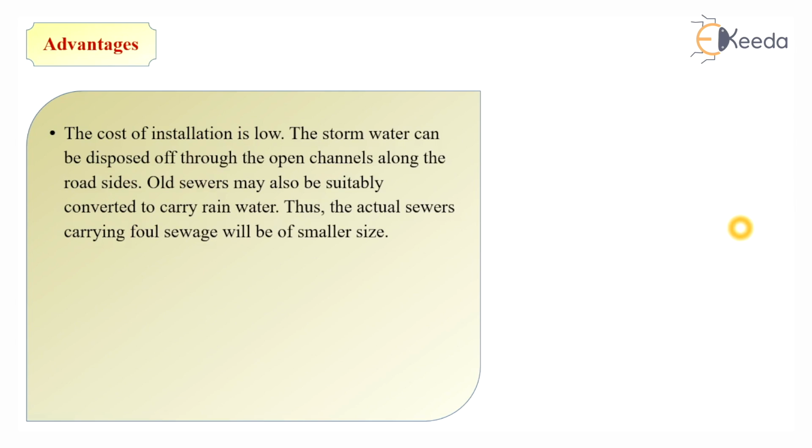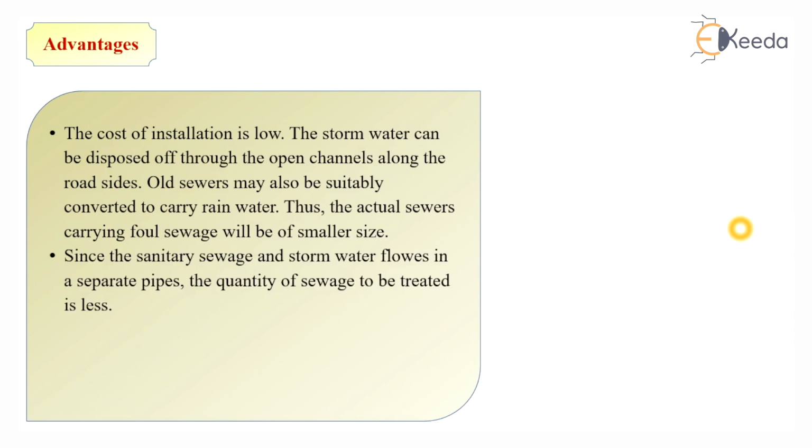The cost of installation is low. The stormwater can be disposed of through the open channel along the roadside. Old sewers may also be suitably converted to carry rainwater. Thus, the actual sewer carrying foul sewage will be of smaller size.